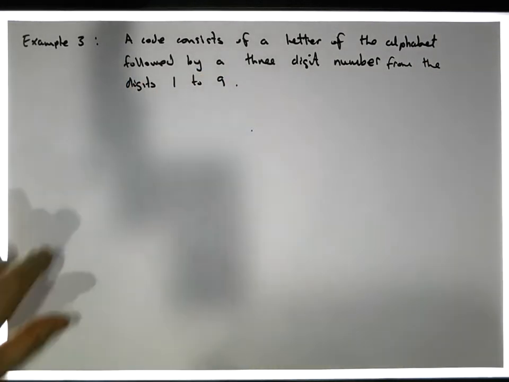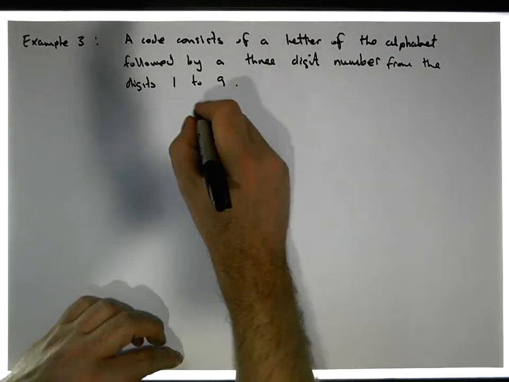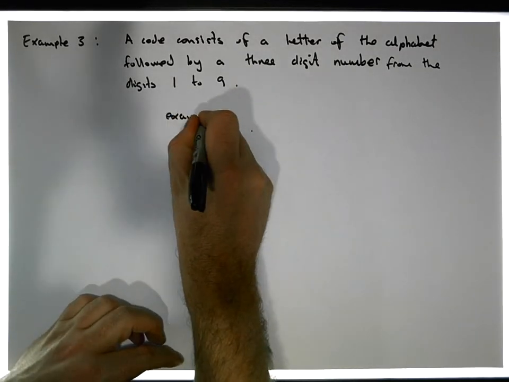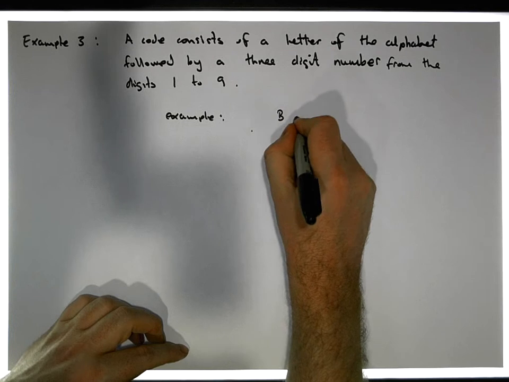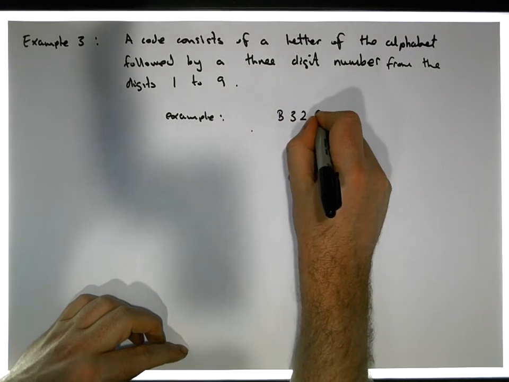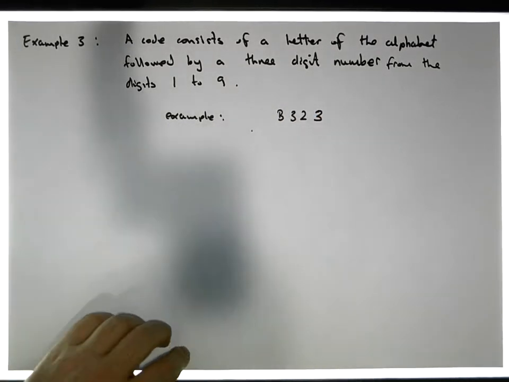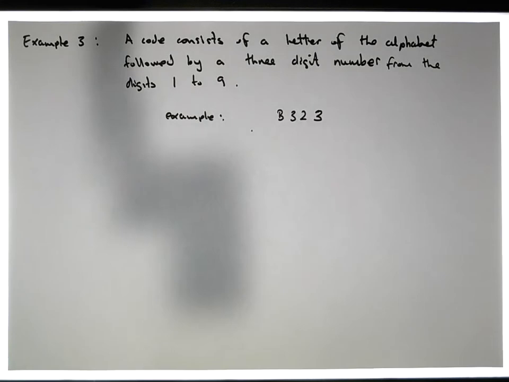Some examples: it could be a code such as B323 as an example. We want to know how many codes can be selected.